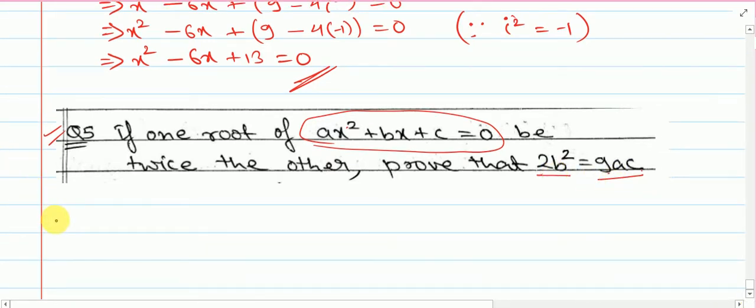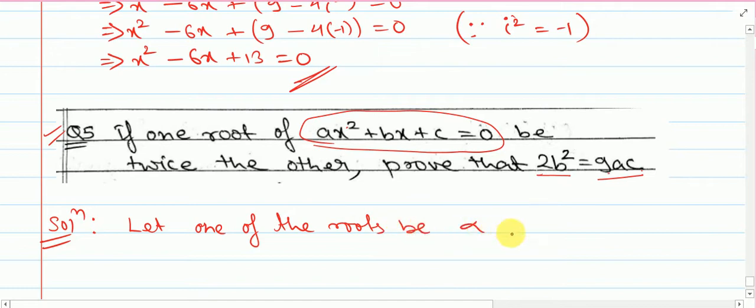So here I will write, let one of the roots be alpha. So here I am taking one of the roots be alpha. Now can you tell me what would be the other root? If you read the question, here it says one root of this quadratic equation is twice the other.